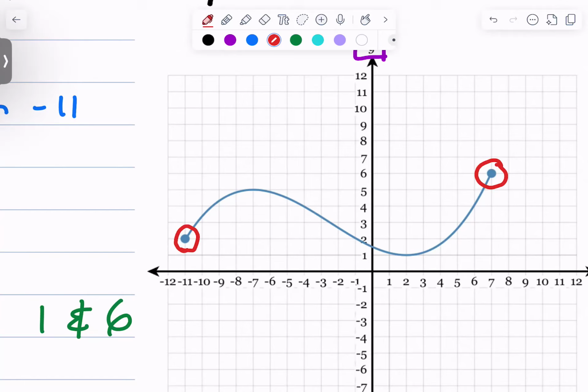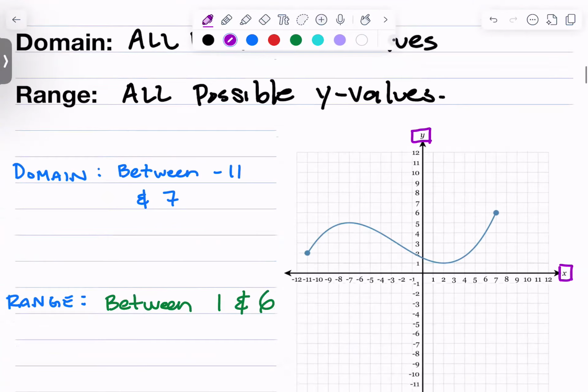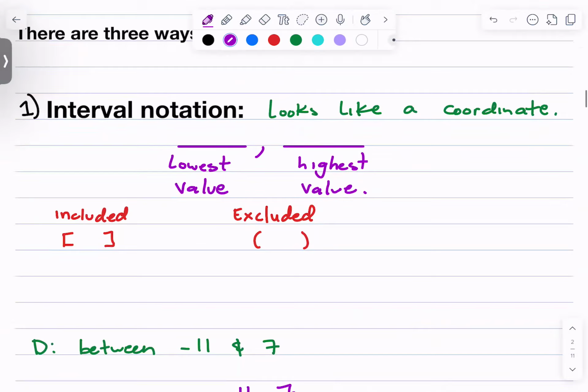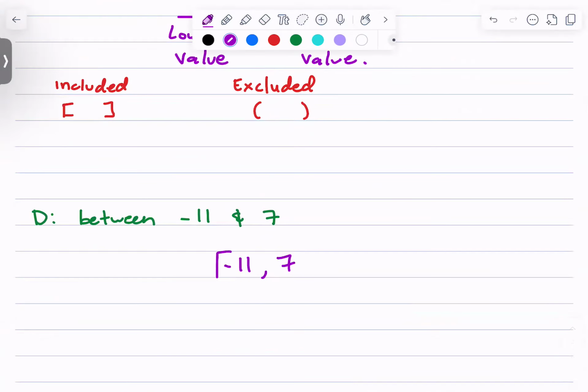Because this point is a closed circle, right? If it were to be an open circle here, then I would say that it's excluded. Does that make sense? But since this is a closed circle and also at 7 it's a closed circle, I'm gonna put brackets around it.